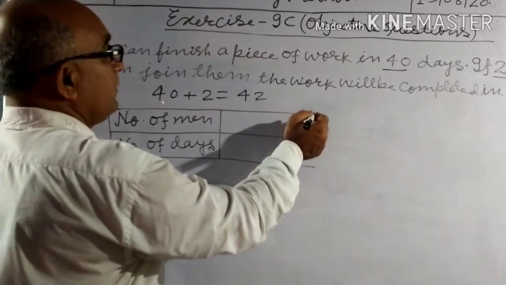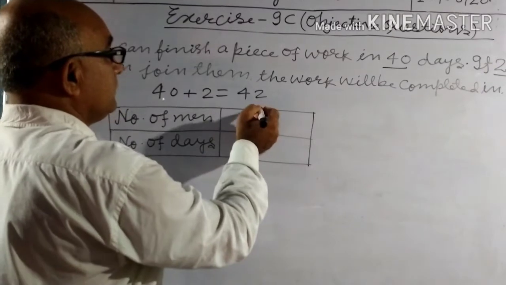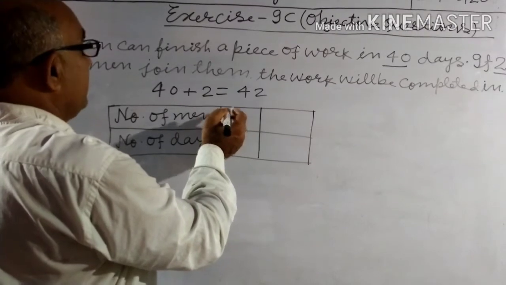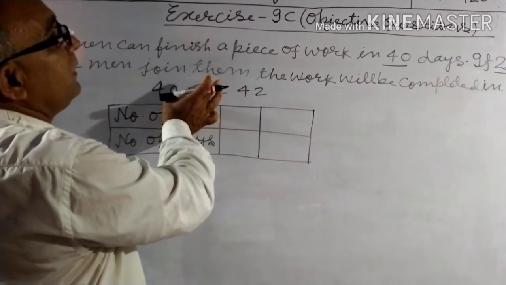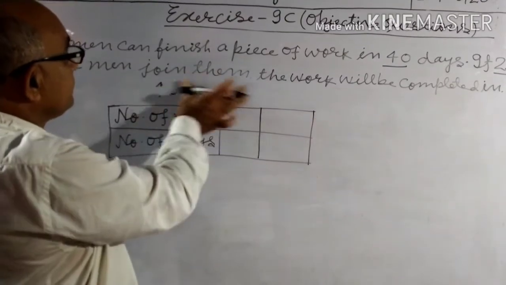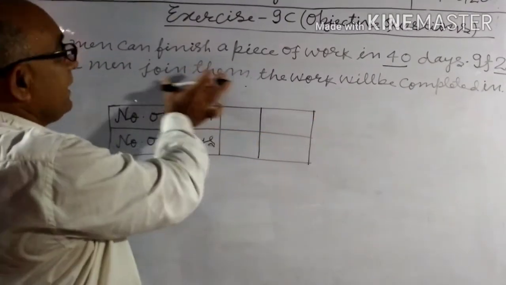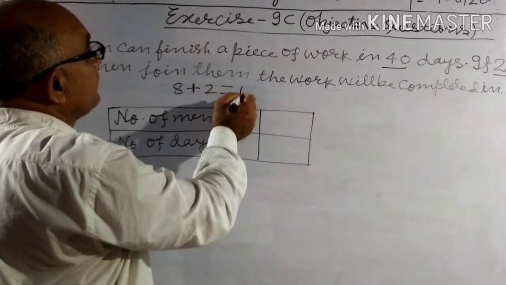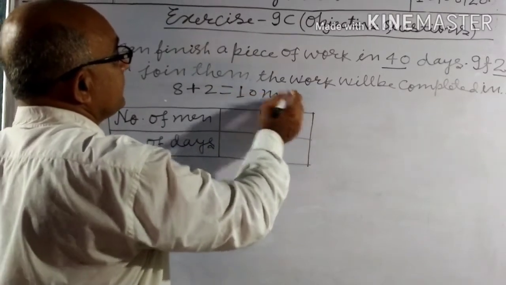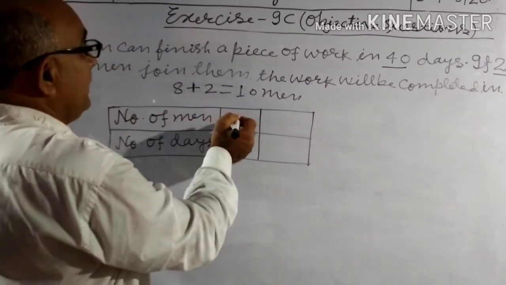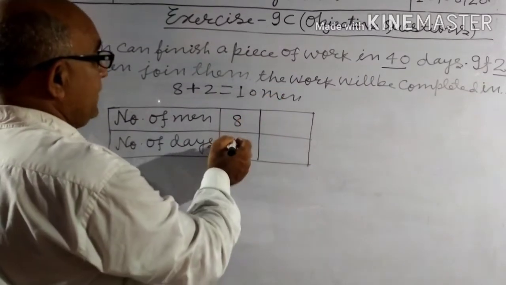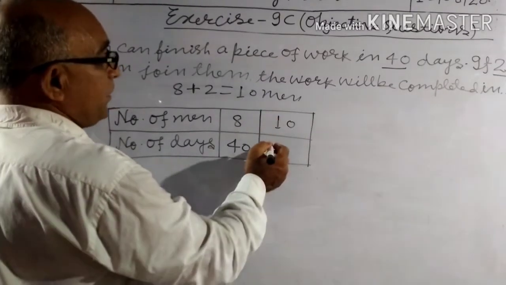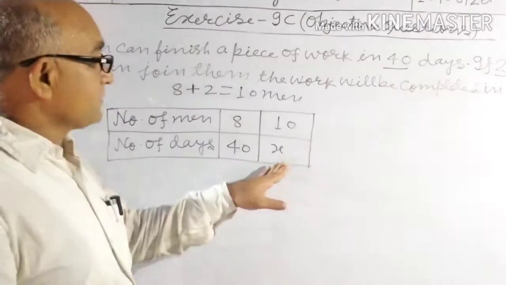Number of men 8 and number of days 40. Number of men 10, number of days we have to find, so x.